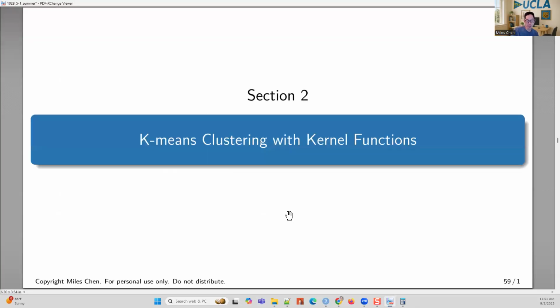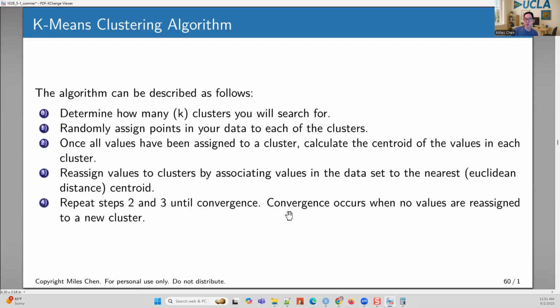We can also run k-means clustering using kernel functions. We'll take a look at this. We introduced kernel functions when we were doing support vector machines. And we said these kernel functions can transform our data into a higher dimensional space.